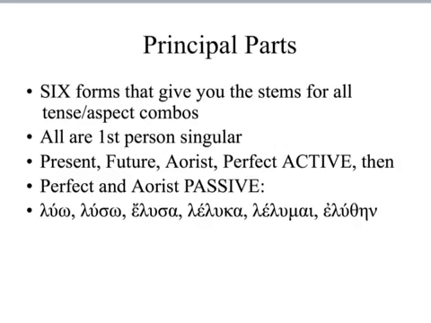They are the present, future, aorist, and perfect active first person singular forms, and then the perfect and aorist passive first singular forms. For the verb luo, they go like this: luo, luso, elusa, leluka, lelumai, eluthane. So they follow a predictable pattern, but there are many, many irregular verbs whose stem changes as they undergo these different tense and aspect changes, so it's important for you to learn the principal parts as you get them.